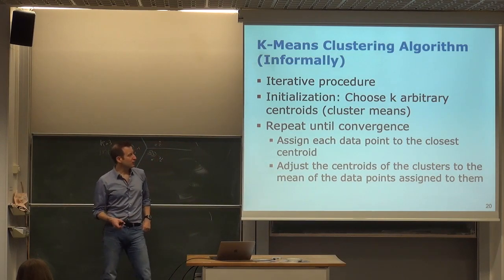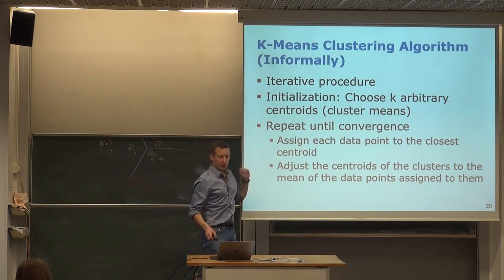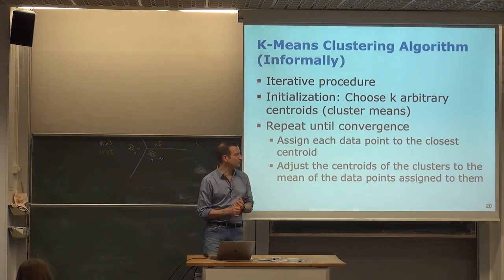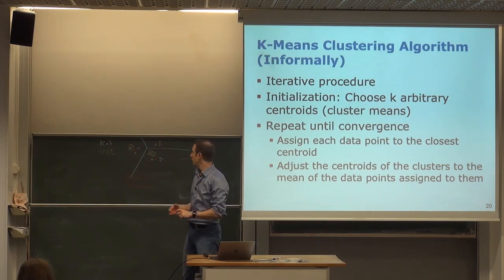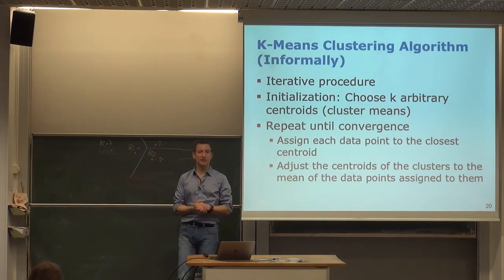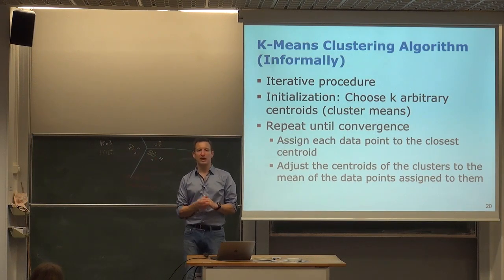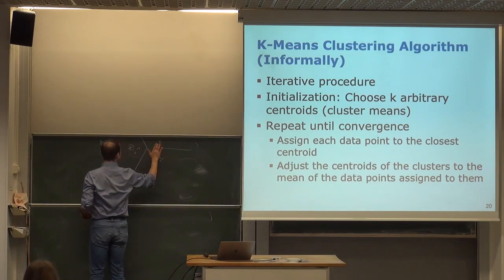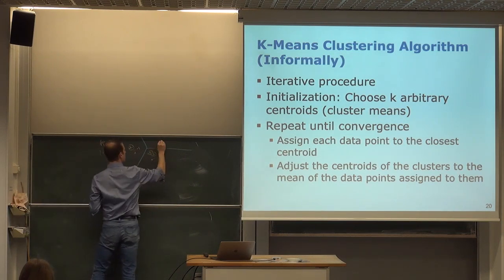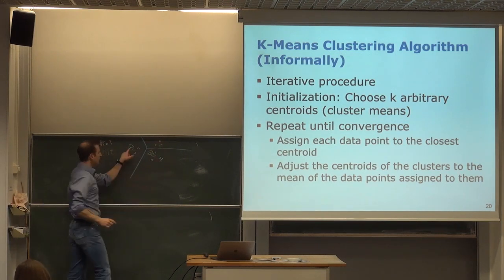So, and then we come to our loop. What the loop does is iterate over every data point in my data set, so all the white points, and I assign each white point to the cluster which is closest to it. Let's start with my original initialization, this thing over here.